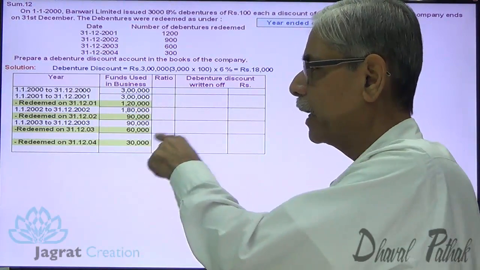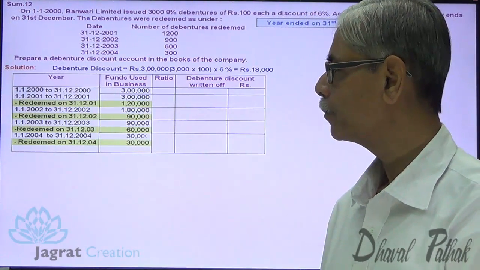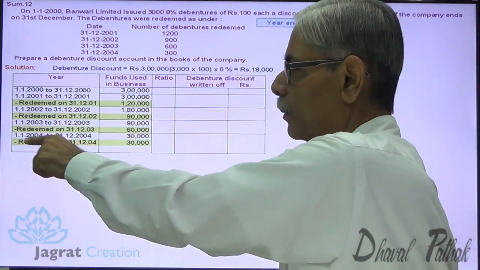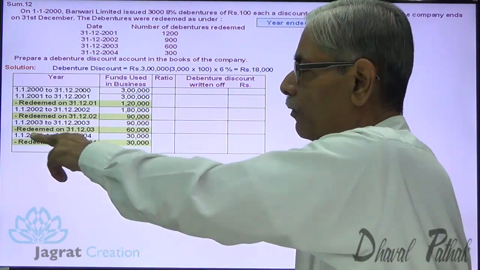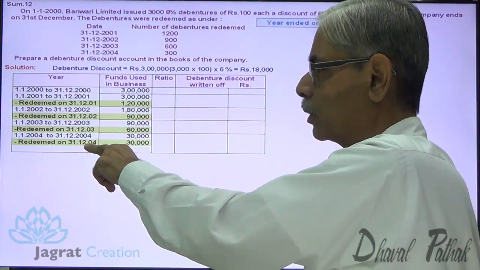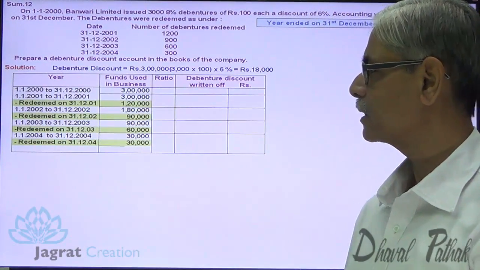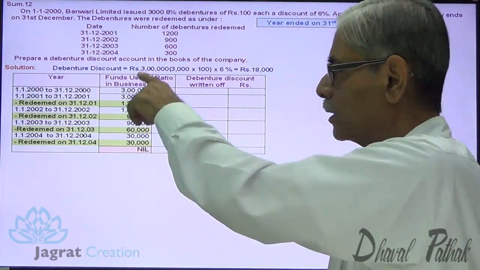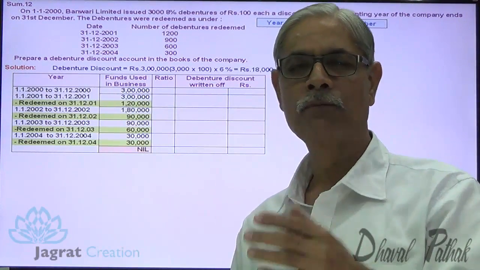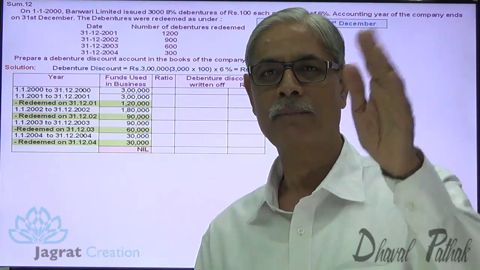From 90,000, 60,000 has been redeemed, so 30,000 are the funds available on 1/1/2004. From 1/1/2004 to 31st of December 2004, funds used in the business are 30,000. 30,000 minus 30,000. So this is how the flow of funds has taken place over a period of time.